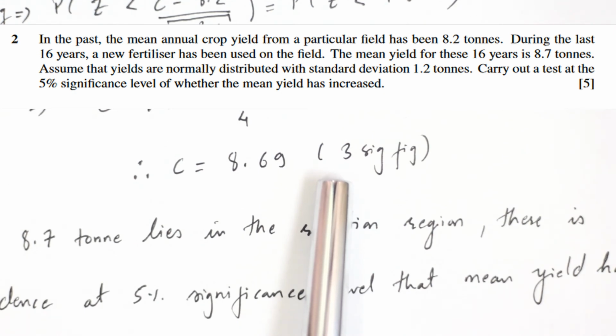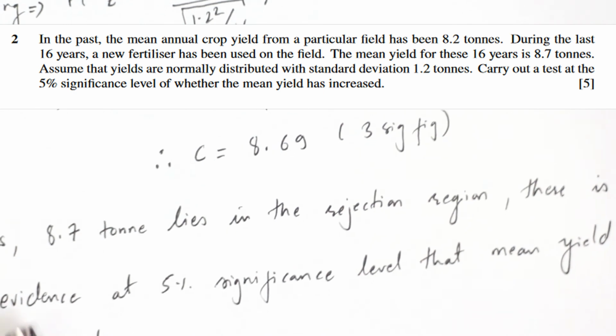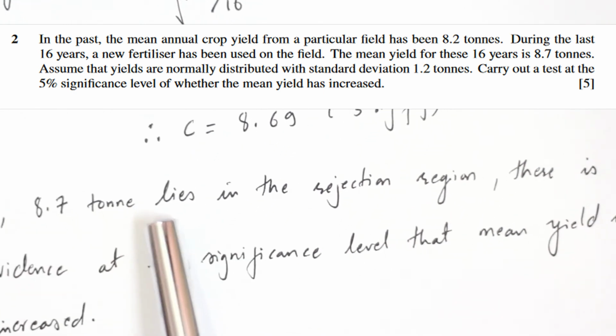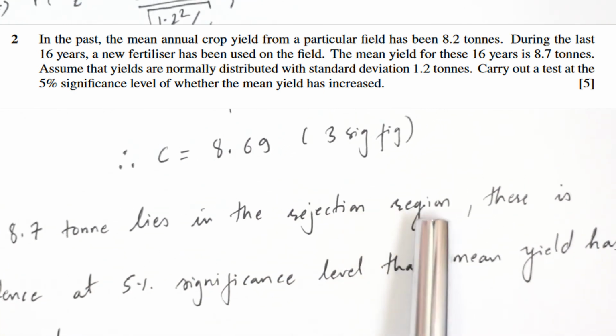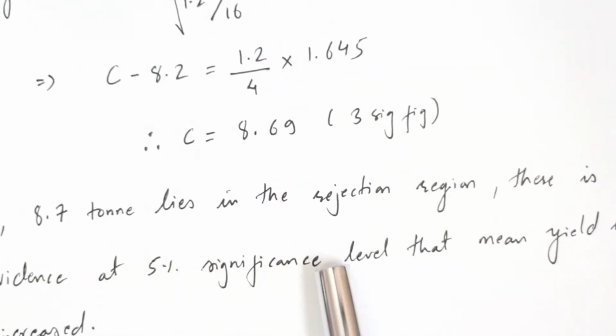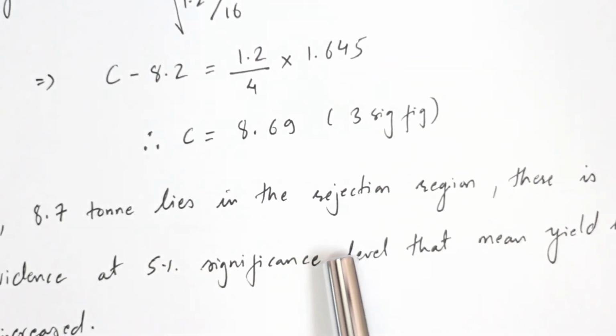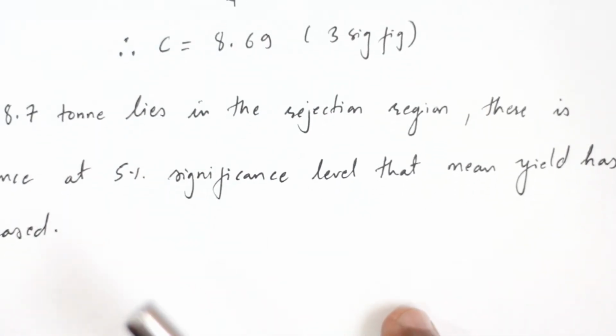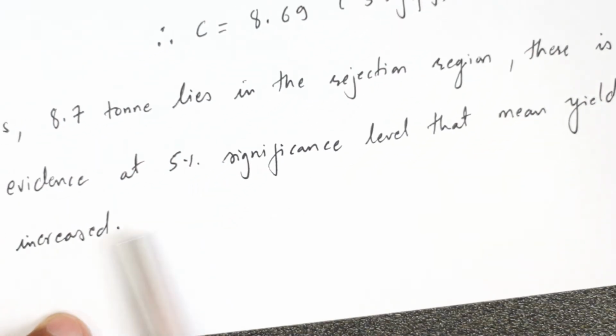Now what we are saying is basically that because 8.7 ton lies in the rejection region, there is evidence at 5% significance level that the mean yield has increased.